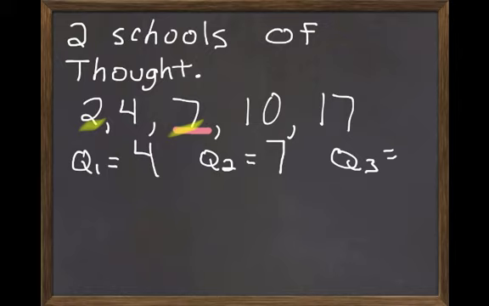Same thing with the third quartile: including the 7 in the middle and the upper extreme, our median was actually 10. Just food for thought. I prefer ignoring the actual median when calculating the Q1 and the Q3, but that's just my opinion. Until then, we'll see you next time.